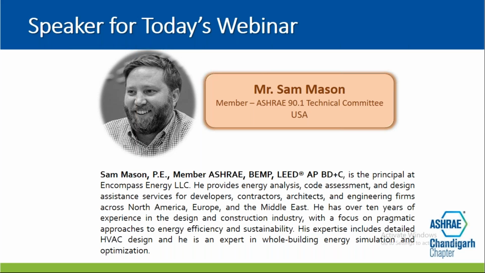So let us begin with the webinar, and I will request Sam to share his presentation now. I'll just make you the presenter. Mani, I think you will have to switch because you are the screen. You are broadcasting right now.